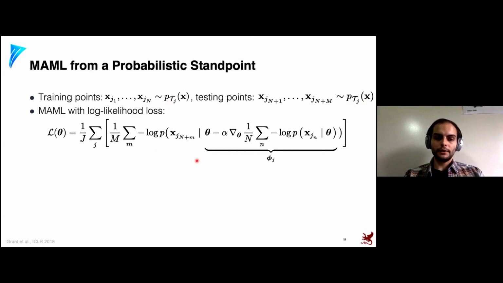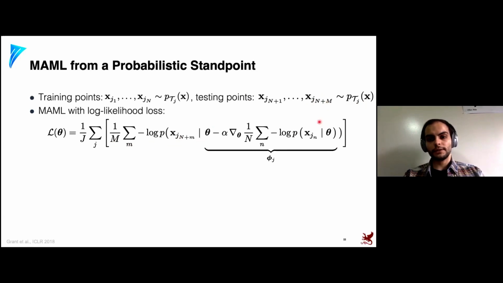Now the MAML loss that I just wrote in a previous slide, in this setting, would look like this, right? It's 1 over J, which is the total number of tasks, sum over, and then 1 over M, let's say we have M points per task, right? And in this case, M points are the M testing points. So we have M testing points, and then we're going to compute this outer loss, which is the negative log likelihood of the testing points from the testing sample from the same distribution.